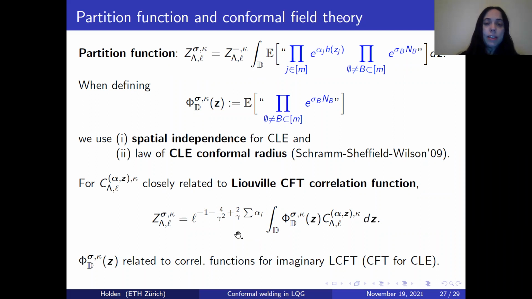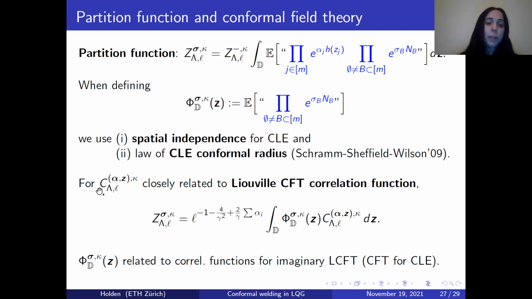In this last indented equation on the slide, you can see an explicit formula which relates three very interesting objects. The first object is this partition function z. The second object is this function phi, and the third object is this constant big C. This constant big C appears in Liouville CFT, and it's very closely related to what is called the Liouville CFT correlation function.